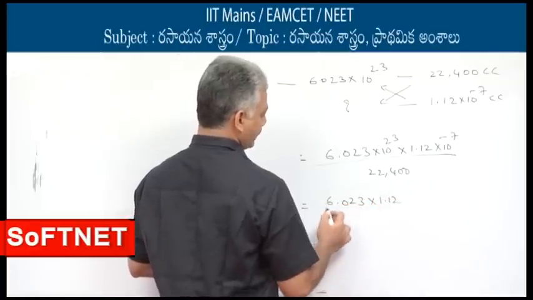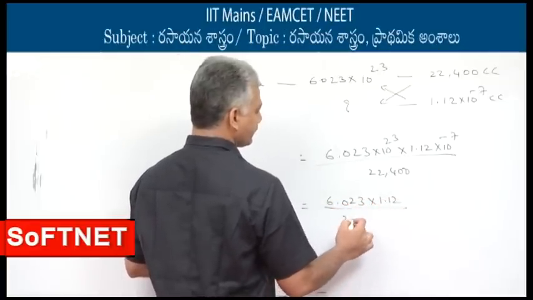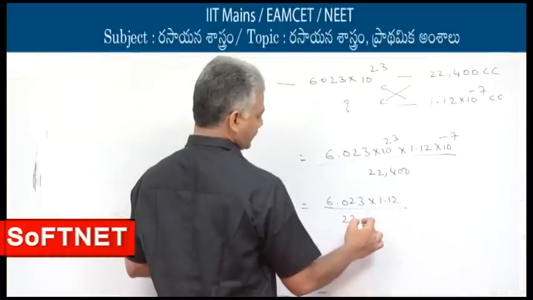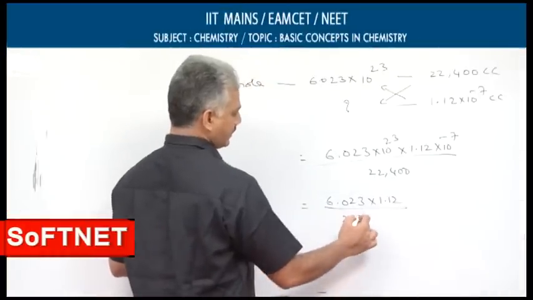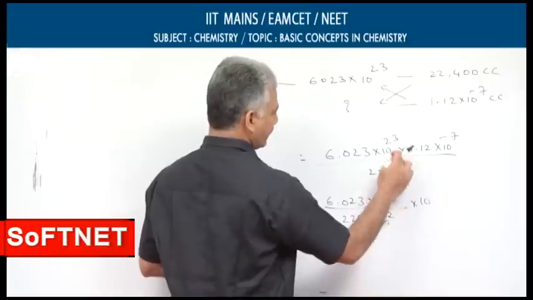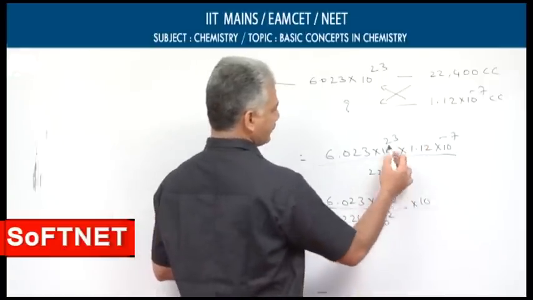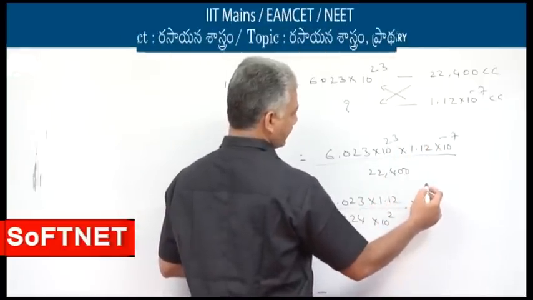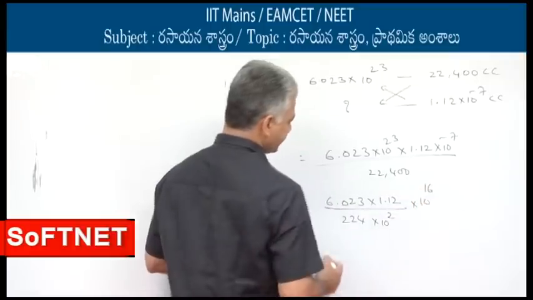6.023 into 1.12 by 22,400, which can be written as 224 into 10 power 2. Here the 10 powers will come out to 23 minus 7, that is 16.